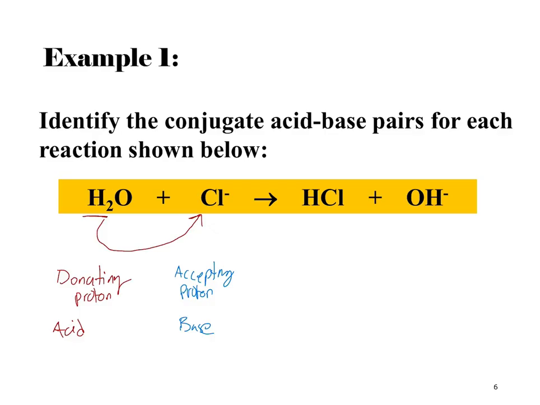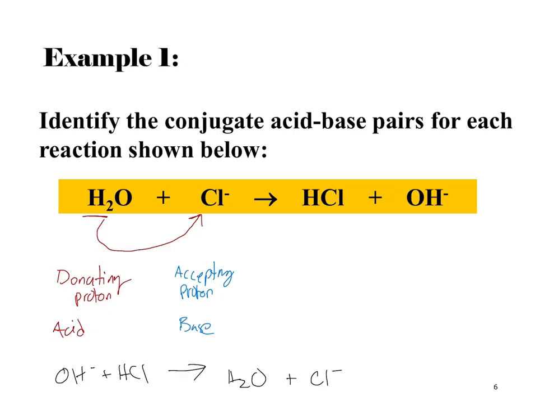Which means HCl is going to be what? Is it going to be the conjugate acid or the conjugate base here? And you say, well, I don't know right away because they flip the orders of these things. If you're going in the opposite direction, like pretend this reaction is flipped the other way. So I'm just going to write it down here. OH minus plus HCl goes to H2O plus Cl minus, right?